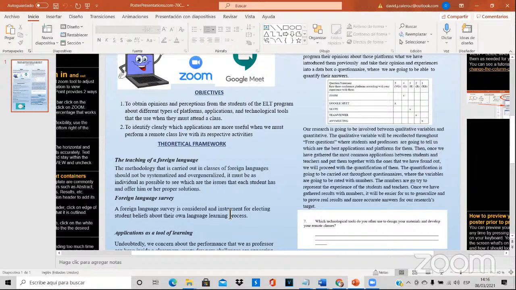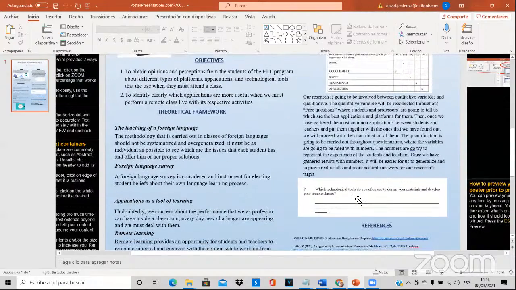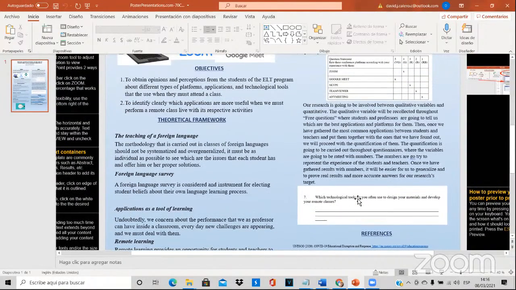And also with that information, we are going to expose the results and choose what is the final answer, in order to reach the objective, that is to identify clearly which applications are more useful when we must perform a remote class with its respective activities.